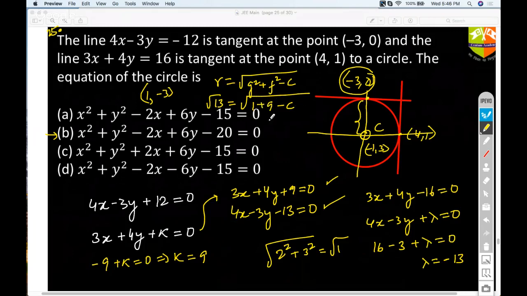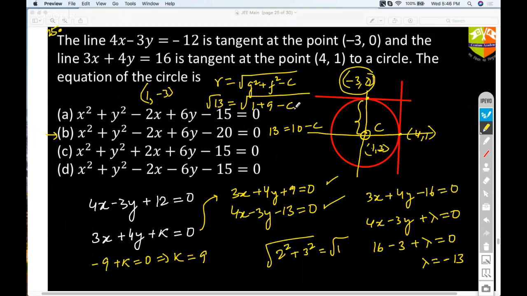Yes, C is going to be 13 is equal to 10 minus C. Why am I getting the answer as... oh, the point is 1 comma minus 3. Yeah.